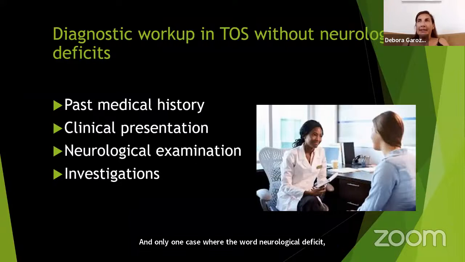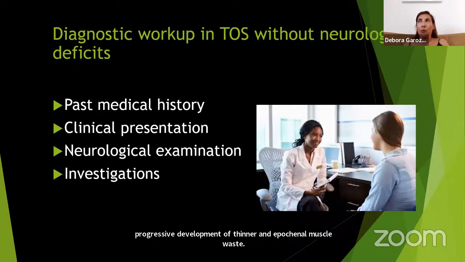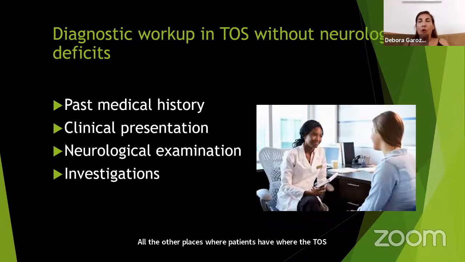All the other cases were patients where the TOS manifested itself with symptoms not associated with neurological deficits. And in order to get the diagnosis, I focus on the past medical history, the clinical presentation, and in particular the distribution of pain, the neurological examination, and then, of course, the investigations I'll show you later.